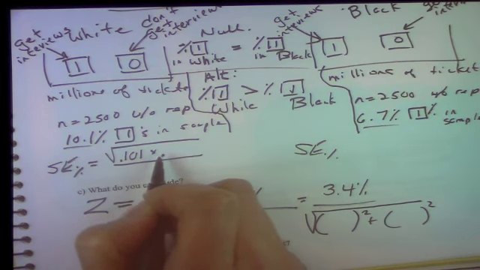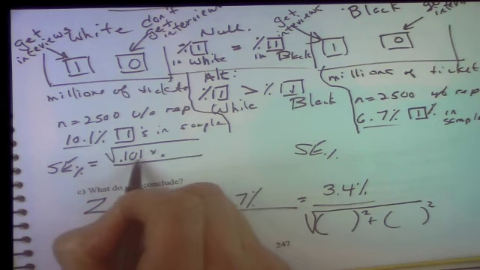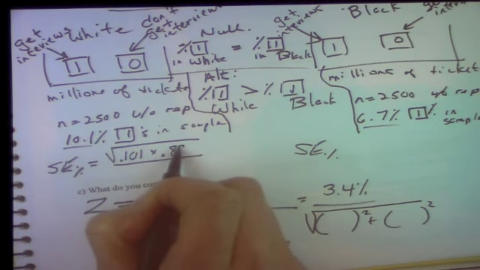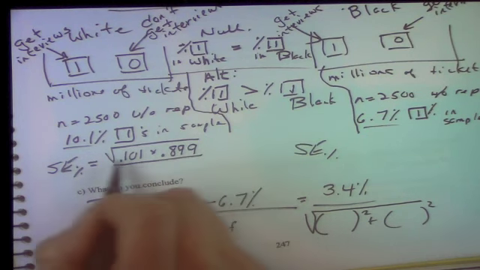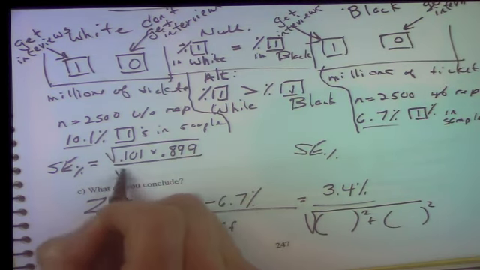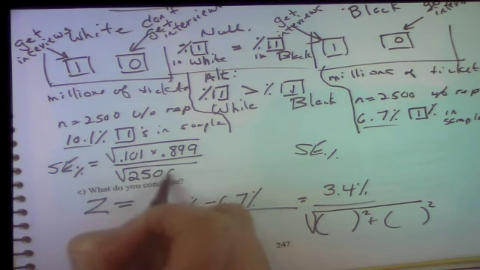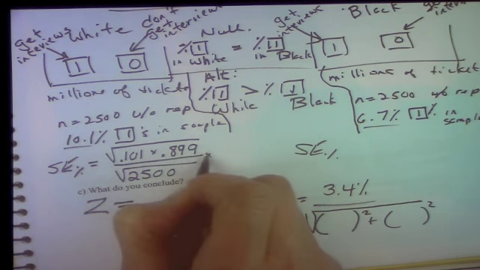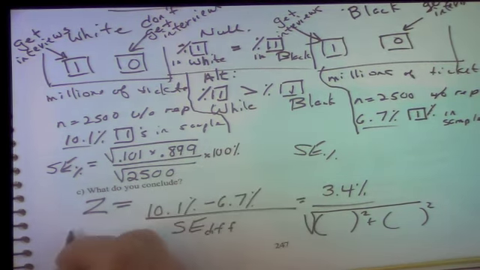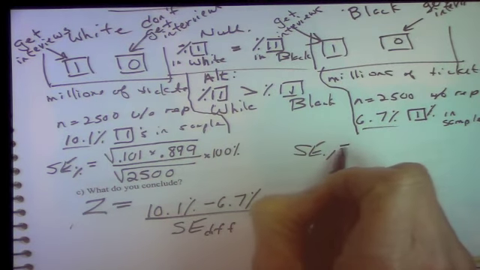It would have been 0.9, but it's going to be a smidgen less, 0.899. That's our SD over the square root of, what do you think I put in here? 2,500. That's n. And then I just have to multiply by 100. Okay? And let's do the same thing here.